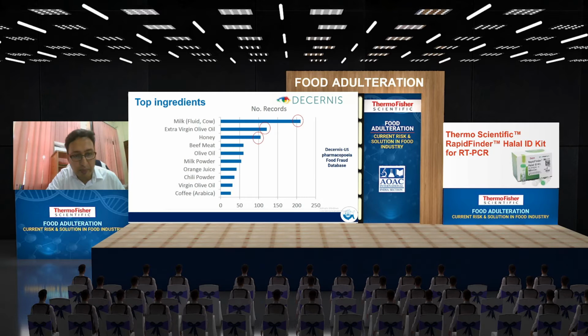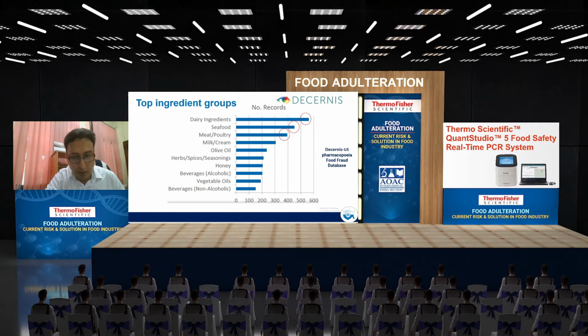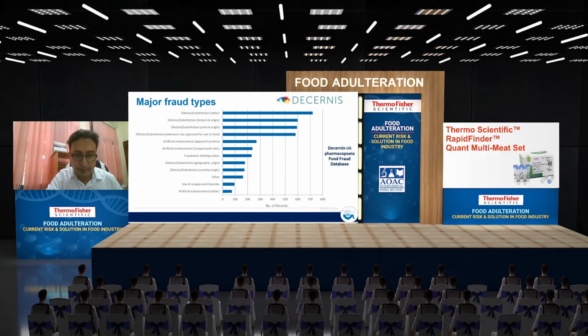But when you check it ingredient wise, seafood and meat products go up, olive oil, honey and all go down. So this is an equally big problem in the seafood sector and meat product sector, which needs to be taken care of. May I have the next slide, please? Next slide, please.